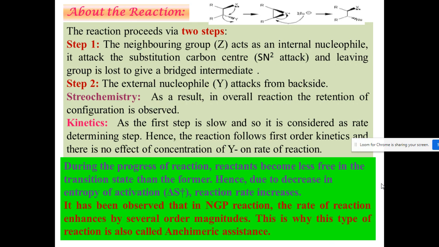During the progress of the reaction, the reactants become less free in the transition state than before. Hence, due to a decrease in entropy of activation, the reaction rate increases. It has been observed that in NGP reactions, the rate of reaction is enhanced by several orders of magnitude. This is why this type of reaction is also called anchimeric assistance.